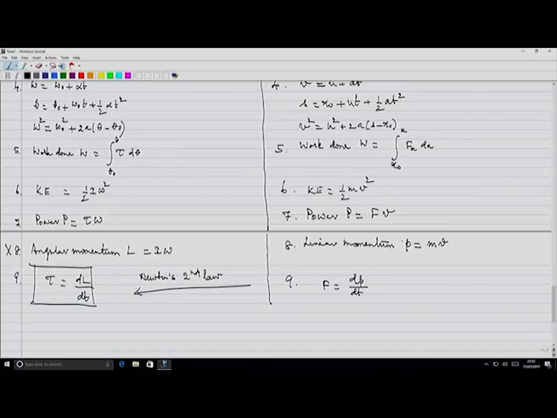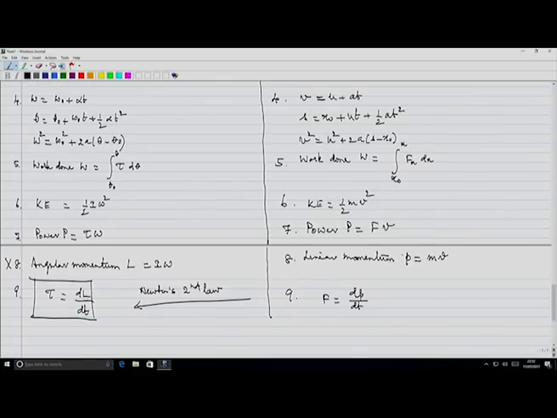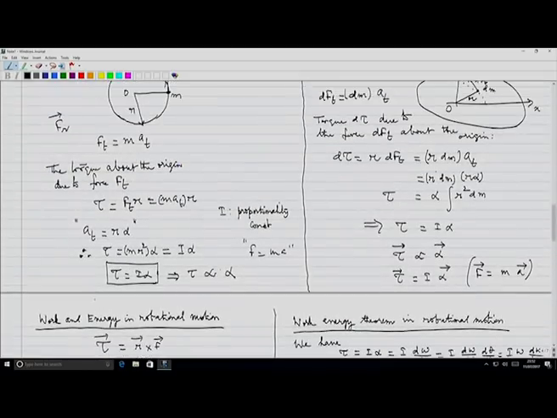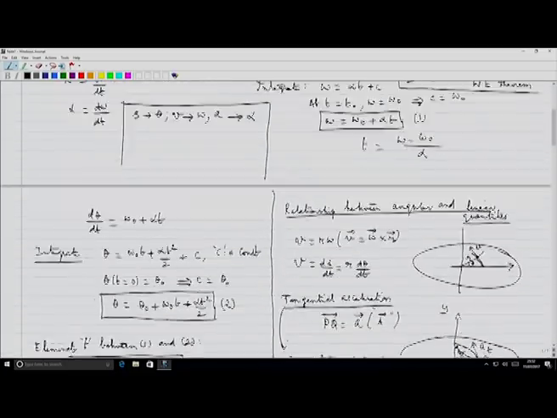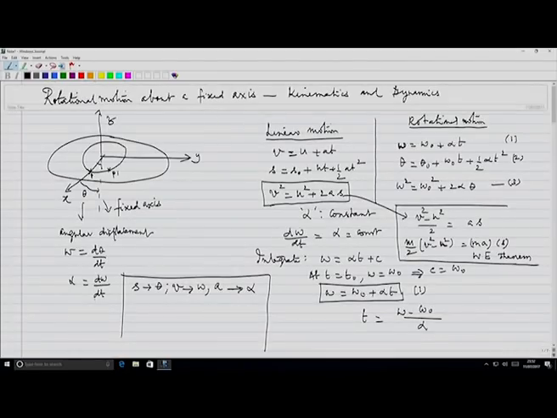Let me quickly summarize the things we have done in this first lecture. In this particular lecture, we started with rotational motion about a fixed axis. First we did the kinematics, then we moved over to the dynamics, then we took stock. In the case of linear motion, we have v is equal to u plus at etc., the kinematical equations. In the case of rotational motion, we have these equations.